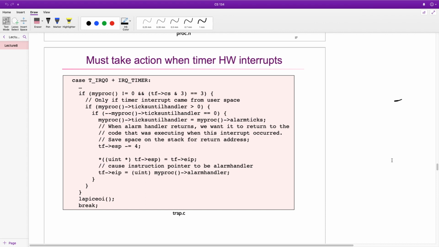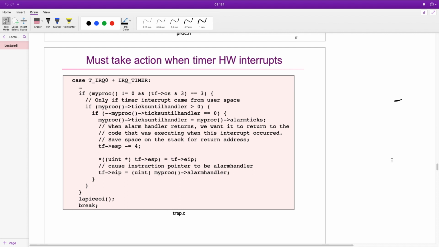How could we not be in user mode? I'll leave that, we'll think about that. I'm just saying it's important. And then if our count is greater than 0, we decrement the count, and if we got to 0, it's gone off. Right? So that part's not hard.